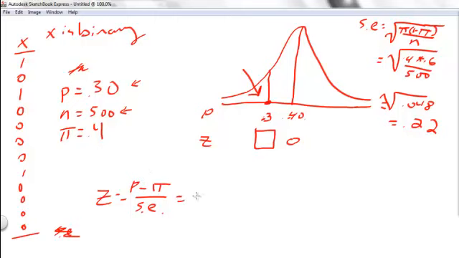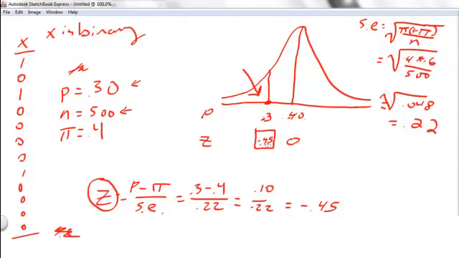So let's do p, 0.3 minus 0.4, over the standard error, which will give us minus 0.10 over 0.022, which gives us about minus 4.5. Okay, so we'll go all the way back and we see this is what we've calculated our z. So the z at 0.3 is minus 4.5.